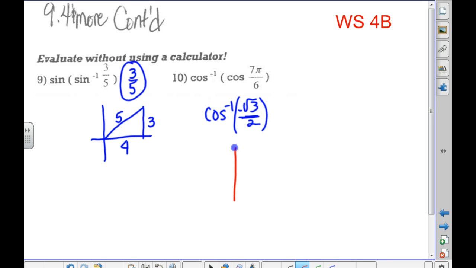Yes, the colored unit circle says arc cosine is defined here and here only. So 7 pi over 6 doesn't work. Yep, down here at 5 pi over 6, we have this cosine value, so this evaluates to be 5 pi over 6.